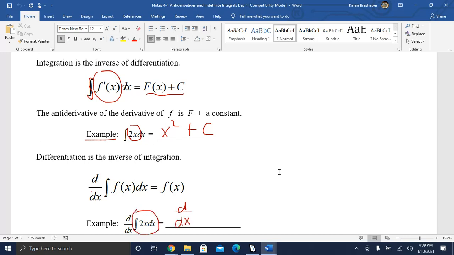So we found out that this answer was x squared plus c, and the derivative of x squared plus c is 2x, which is what we originally started with. So it is an inverse relationship. The derivative undoes the integral undoes the derivative. So this is the introduction to what we're going to be doing.